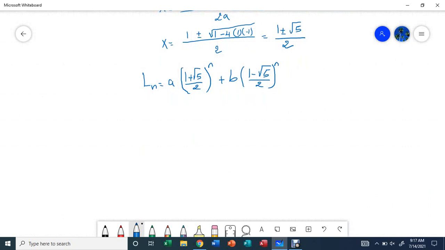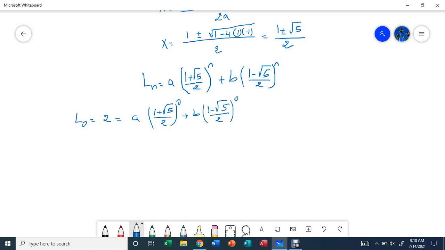So we know L of 0 is 2, which is going to be a times (1 plus square root of 5 over 2) to the 0 power, and same thing, b times (1 minus square root of 5 over 2) to the 0 power.